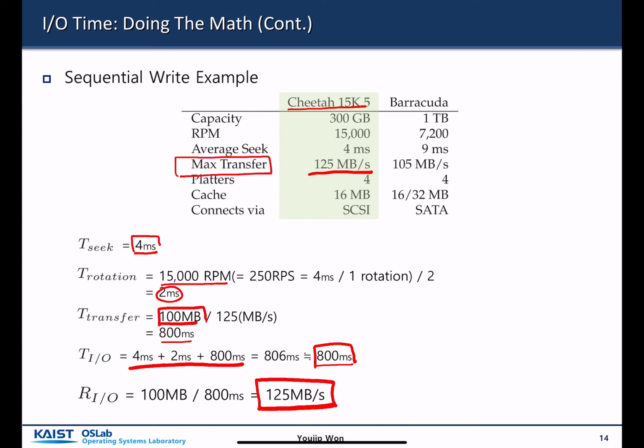And when you transfer a consecutive 100 megabytes, it reaches 100% utilization. So this is why most file systems and applications try to make the I/O size as large as possible and try to avoid random writes. Here, the disk utilization is nearly 100% because out of 806 milliseconds, 800 milliseconds has been spent on sending the data block, and only 6 milliseconds out of 806 has been spent on moving the disk drive head and disk platter.